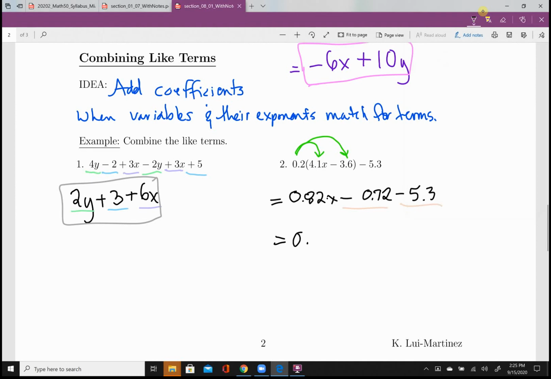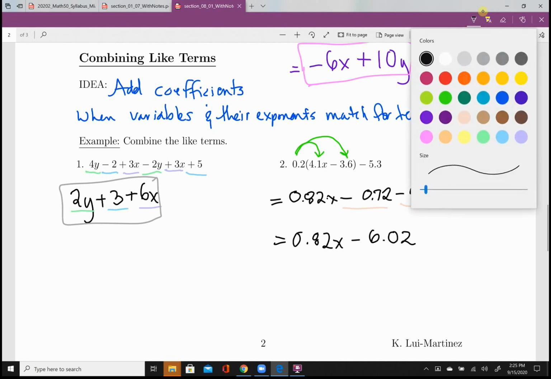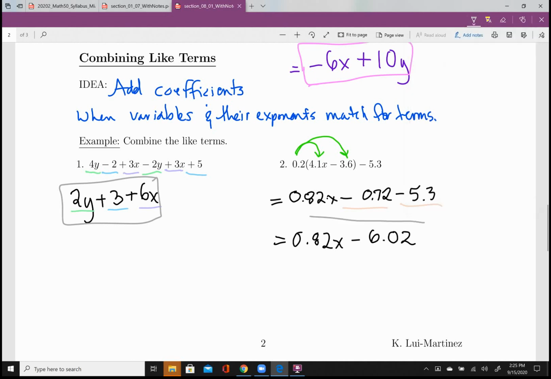So this will be 0.82x minus, what is plus 5.3, and that'll be negative 6.02. Okay, so that's just adding these 2 negative numbers together. 2 negative numbers added together should make a more negative number, so to speak. Okay, go ahead and box that up for you.